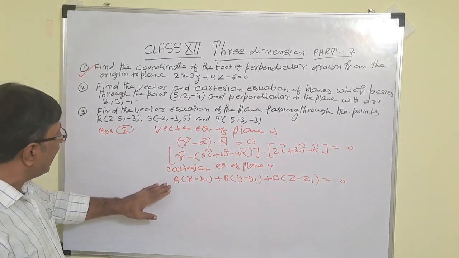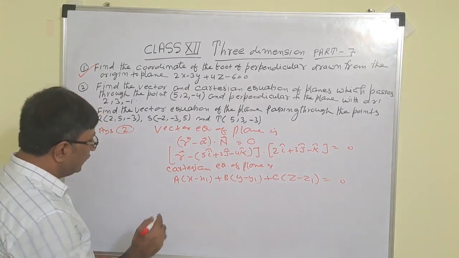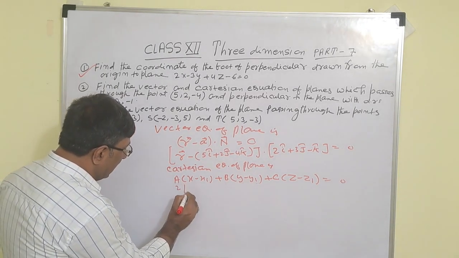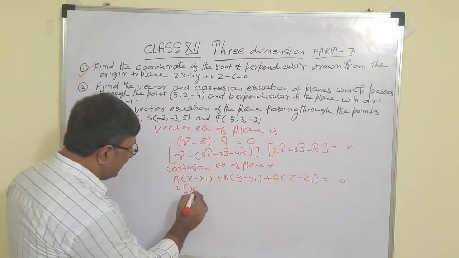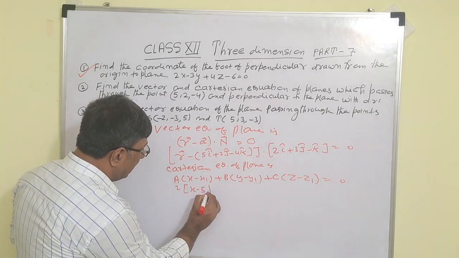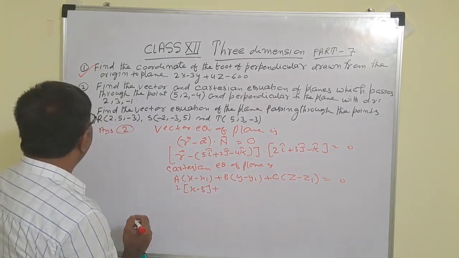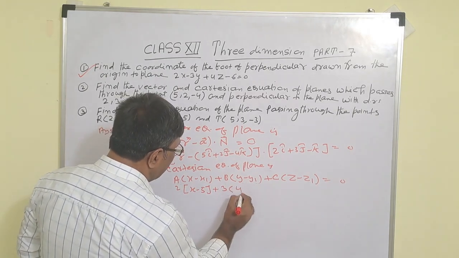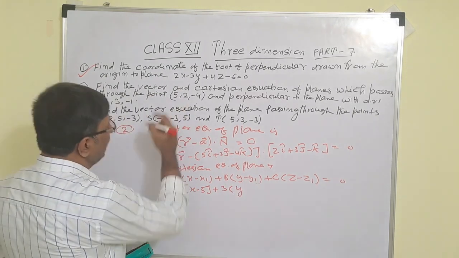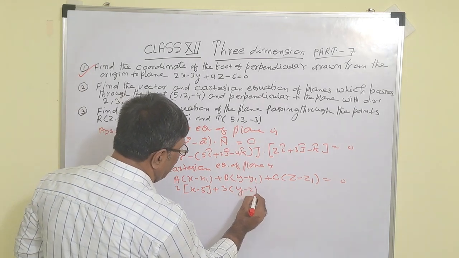Here the direction ratio a is given as 2. So this is 2 into (x minus 5), since x1 is given as 5, plus b is given as 3, so 3 into (y minus y1), and y1 is given as 2, so y minus 2.